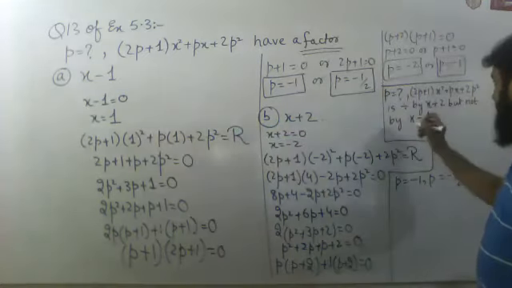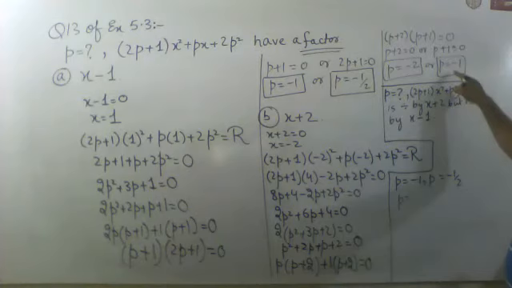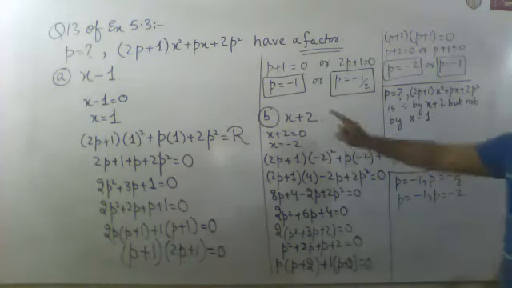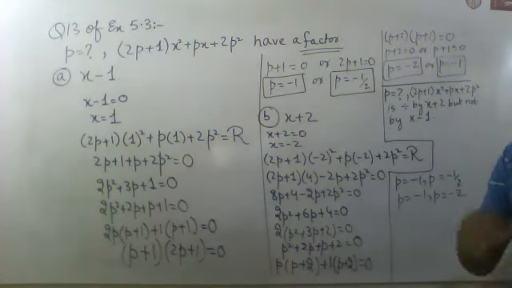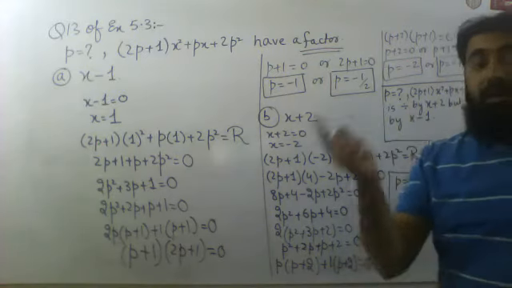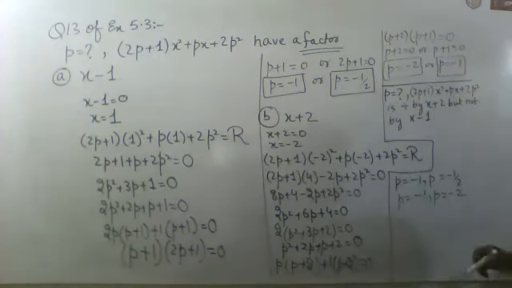And the value of p which I have got when it is divisible by x plus 2. Now they are saying it should be divisible by x plus 2 but not by x minus 1. So what will I do? See, this is the common value.